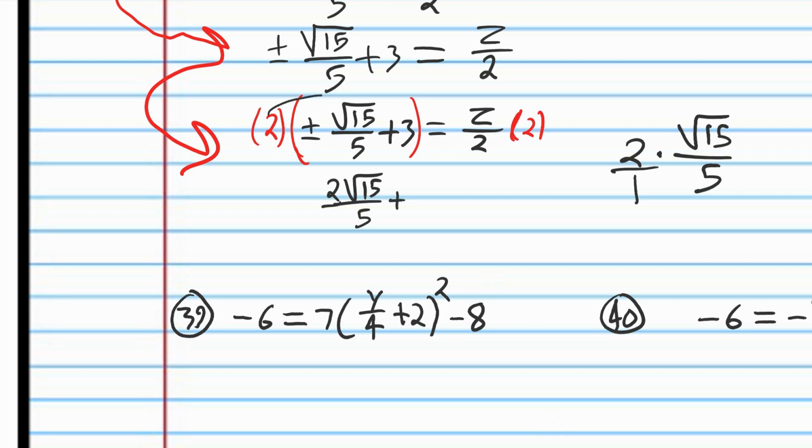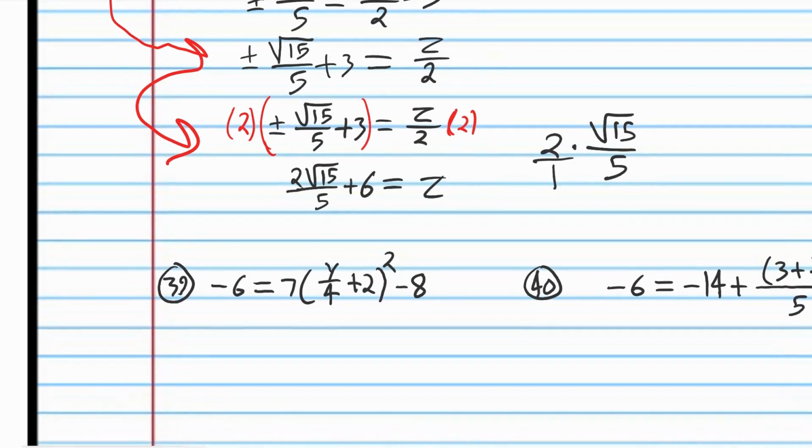Then you have to multiply the 2 into the 3, and it becomes 6. And then we just isolated the z. We're done, because these 2's cancel out. That's why we did that. So hopefully you're going to understand how we got there. I could show the steps, but I don't really want to do that on paper.